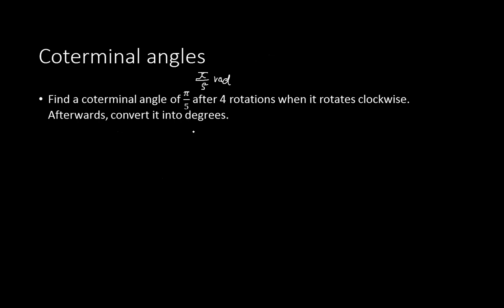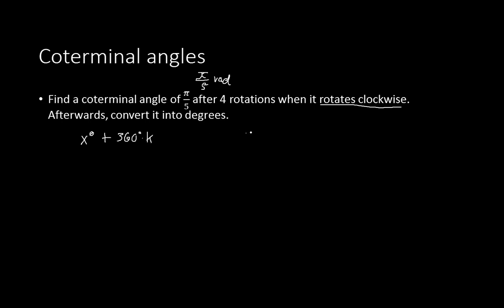So here, recall that if we have a given rotation, we can just use this formula. For degrees, we will have the starting angle or given angle plus 360 degrees times k.